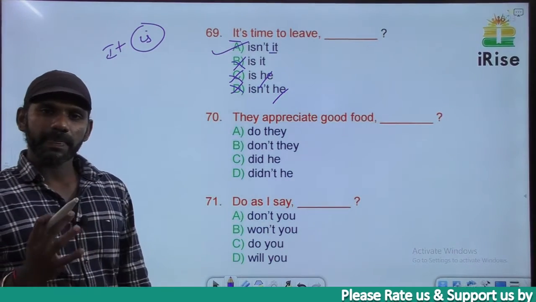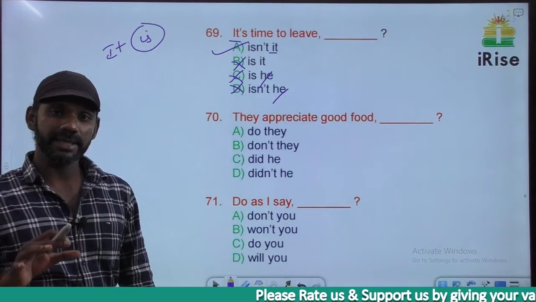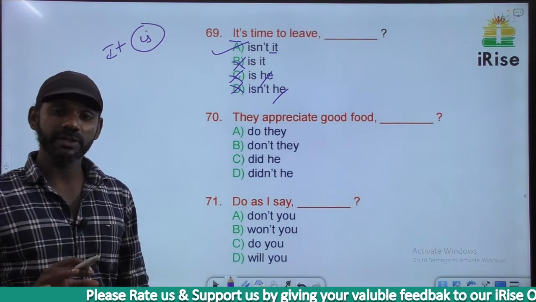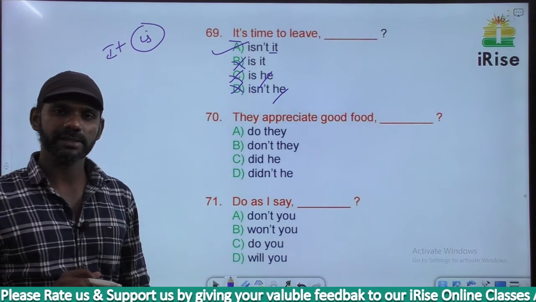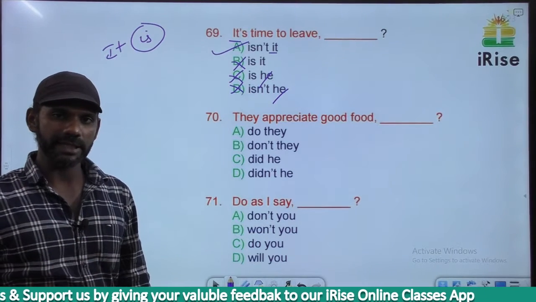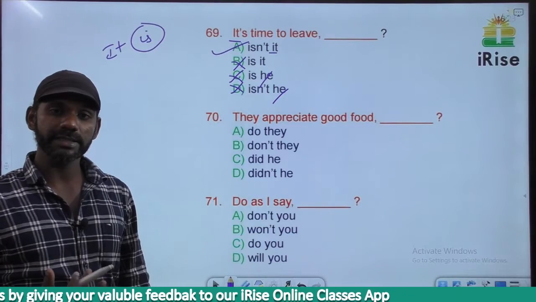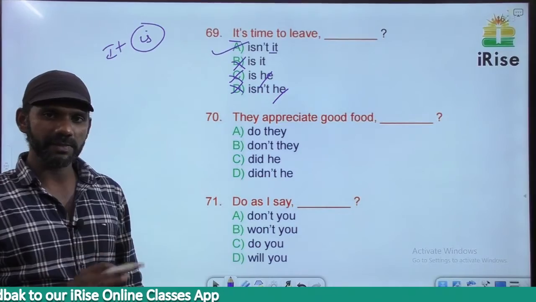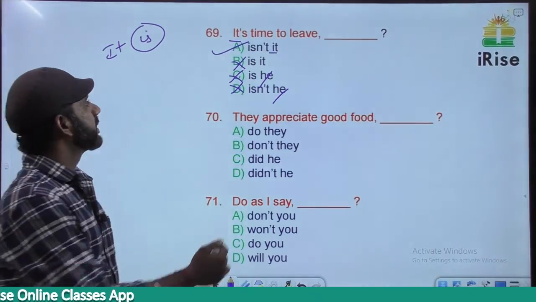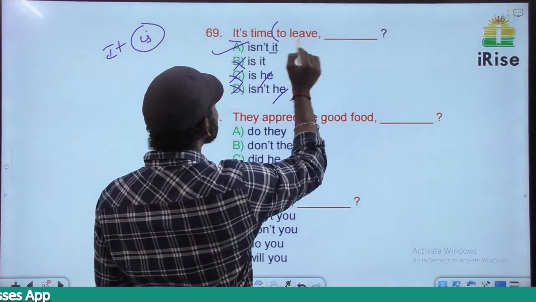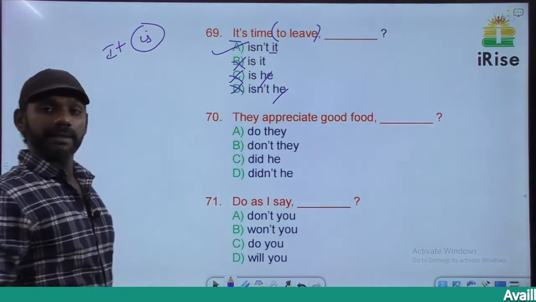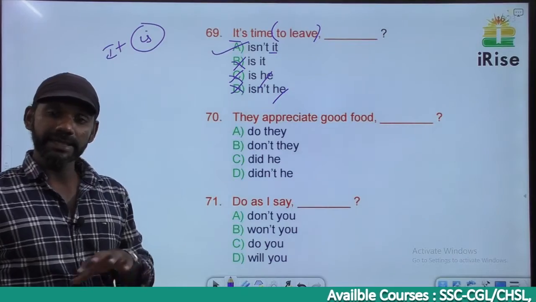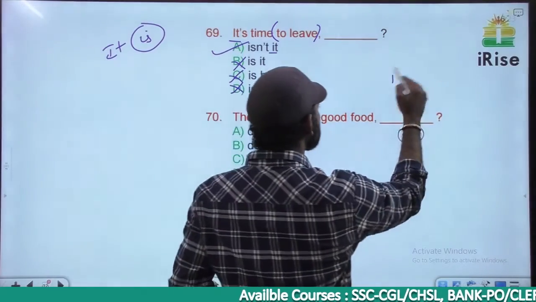If you remember, I told you the rule regarding it is time, it is high time while discussing the exceptions on tenses. If there's a clause after it is time or it is high time, that clause must be in the simple past tense. Clause means subject must be there, predicate also must be there. In this case, after it is time there is no clause. Then one more rule I said, if there is no clause, it is time will be followed by an infinitive.